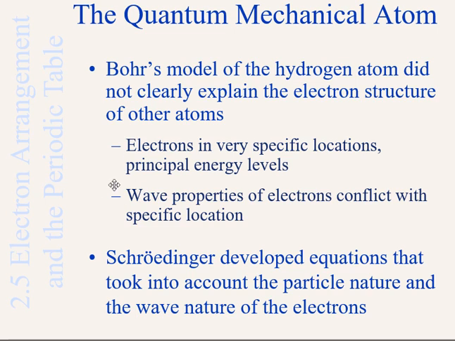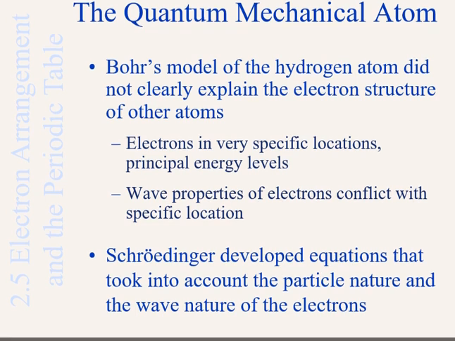all of these new findings in the nature of electrons led to the quantum mechanical model of the atom, which we specifically developed to explain the behavior of electrons. Erwin Schrödinger was an early 20th century scientist who developed equations, and he took into account both the particle nature of electrons and the wave nature of electrons.